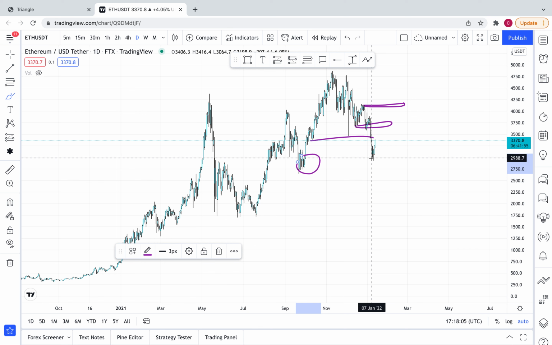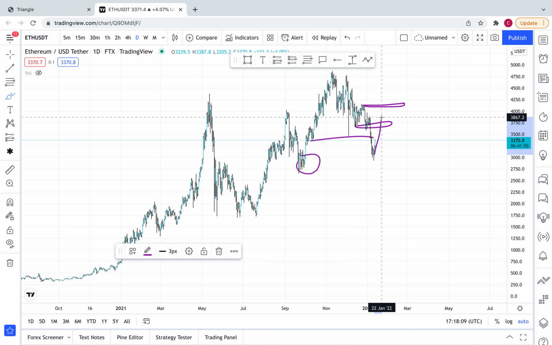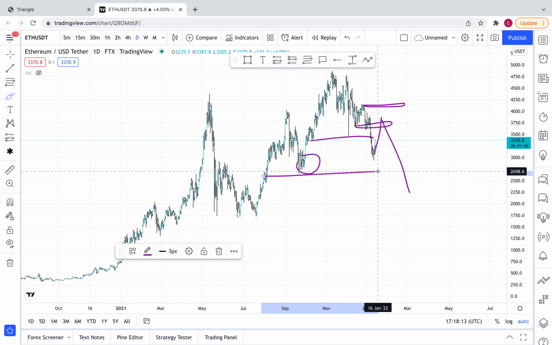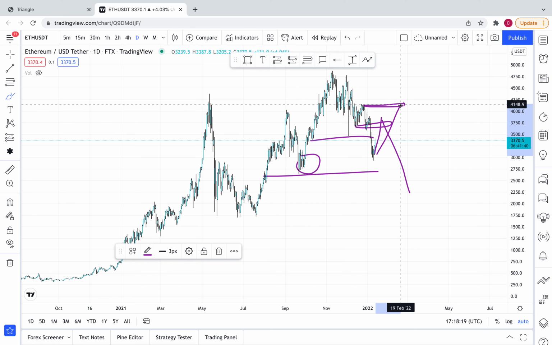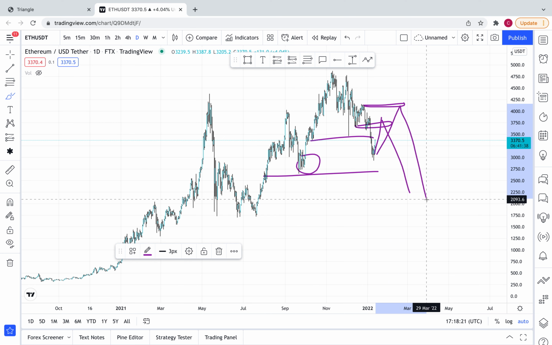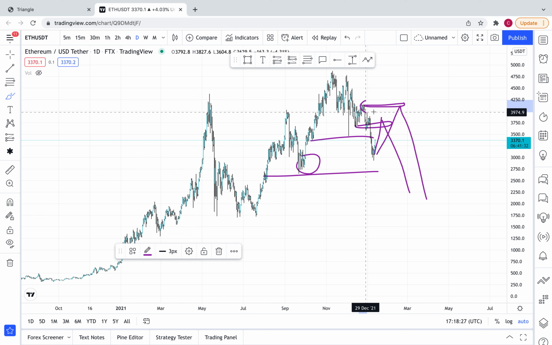So the first question is, is price going to come here and come down to break this structure, or is price going to move to the other block and break this structure? There are two things. But the reason I'll be looking forward to this region is because price has mitigated the bearish breaker block.